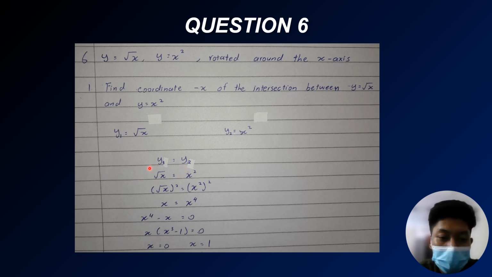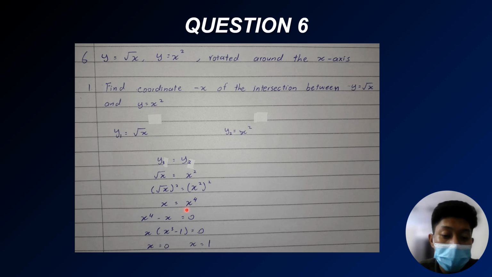Put the values in: square root of x equal to x power of 2. Square both sides: (square root of x) power of 2 equals (x power of 2) power of 2.